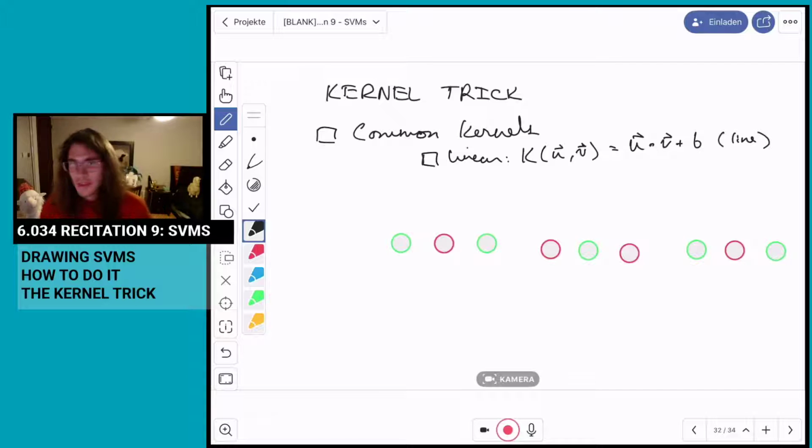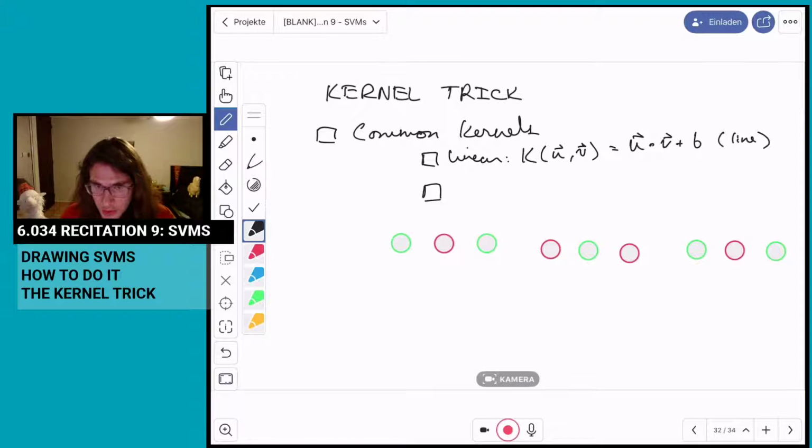So you could say that the dot product kernel is a special case of this linear kernel, just that b is equal to 0. Nothing particularly special, because it draws a line the same as the dot product kernel that we were using. Onto the next one.